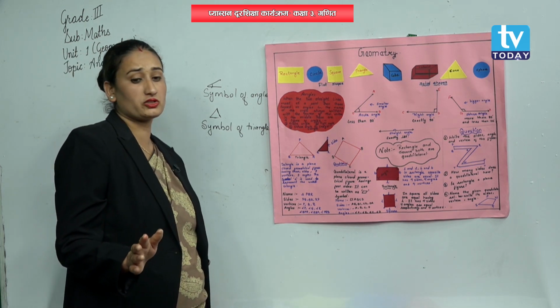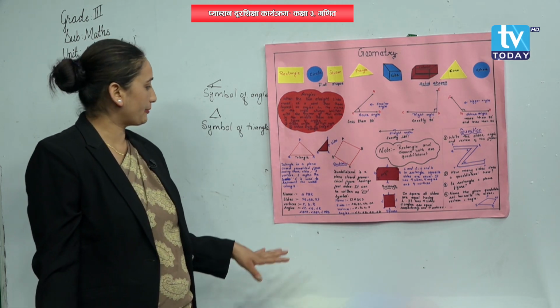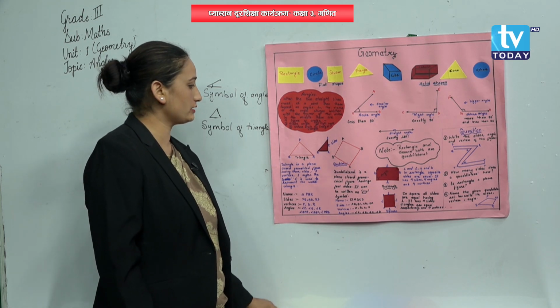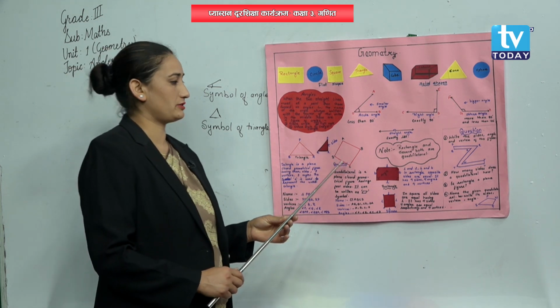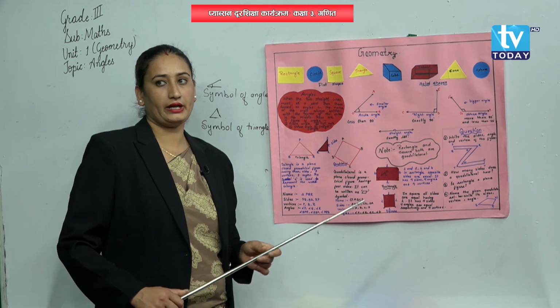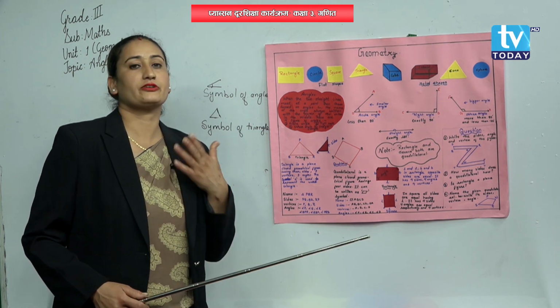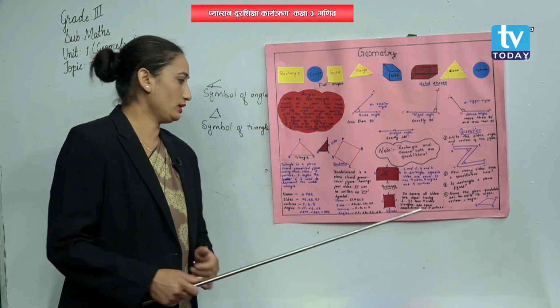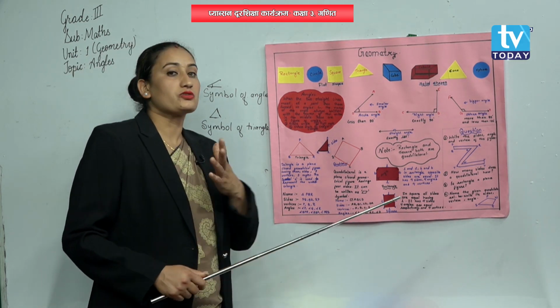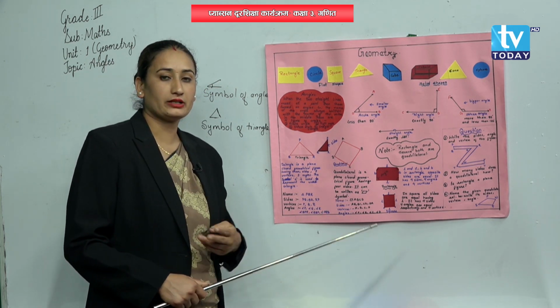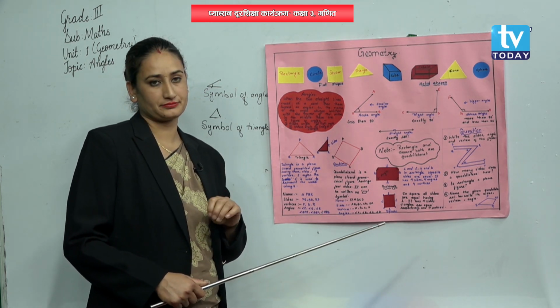Now we are going to talk about the figure after the triangle. Have you noticed which figure I have written here? It's a quadrilateral. What do you mean by quadrilateral? First of all, let's learn. A quadrilateral is also a plane closed geometrical figure having 4 sides.